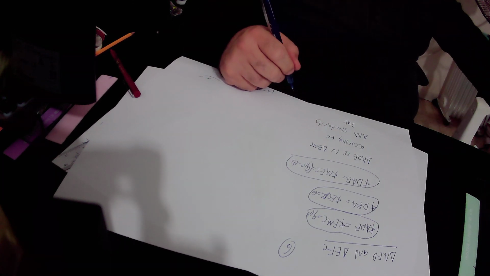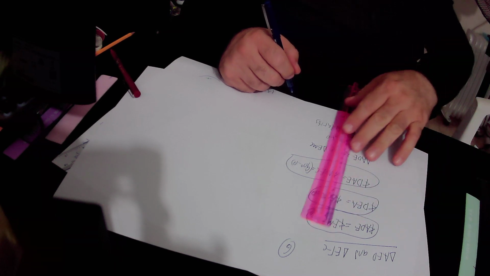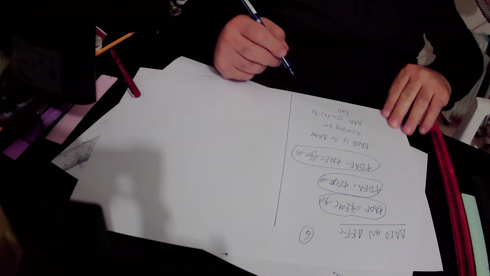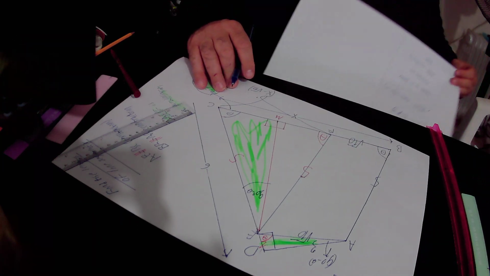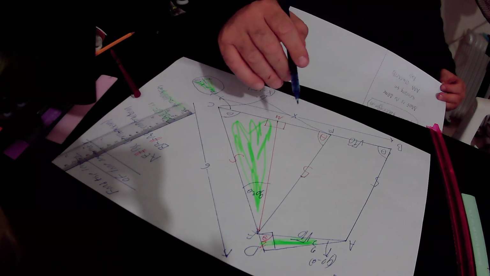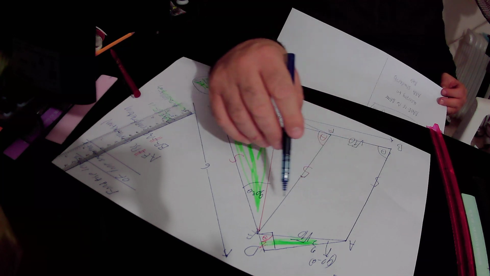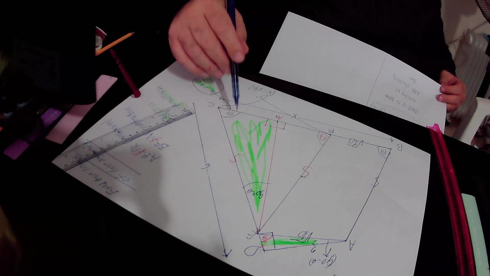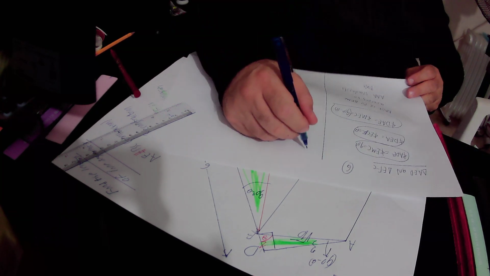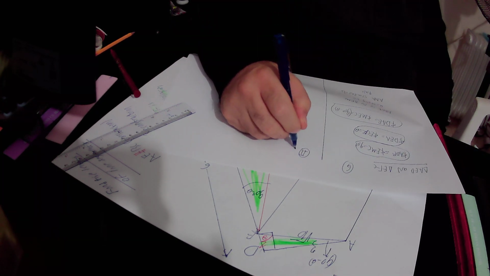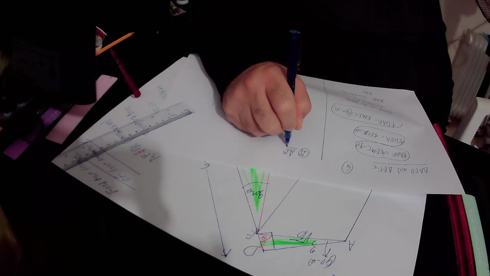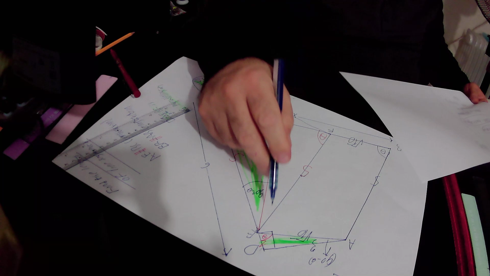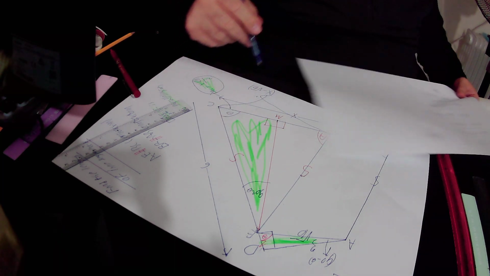And from the fact that the two green right triangles are similar to each other, we will derive that AE over EC is equal to DE over MC.